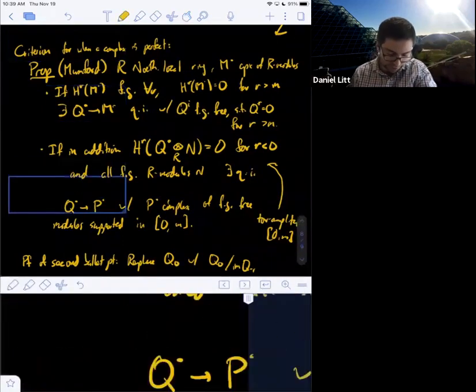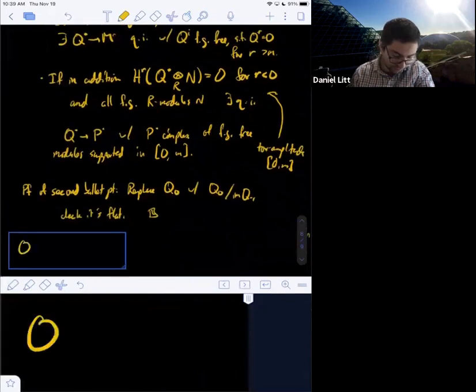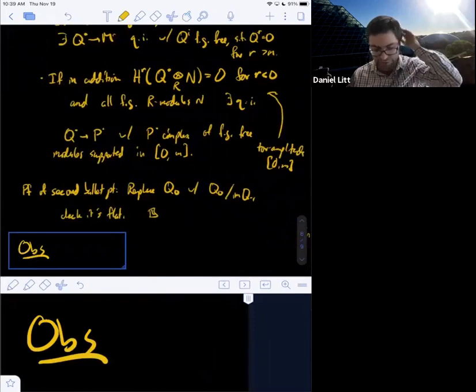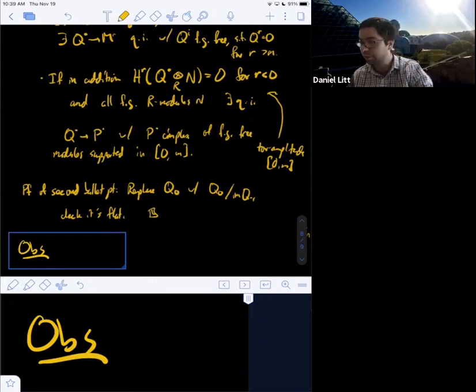All right, so now here's our observation. So the observation is that this is satisfied by the complex computing the cohomology of our nice flat Z mod L to the n Z sheaf. So let me write this down.